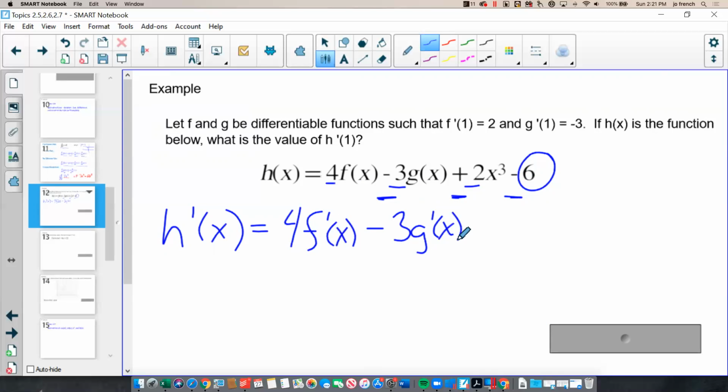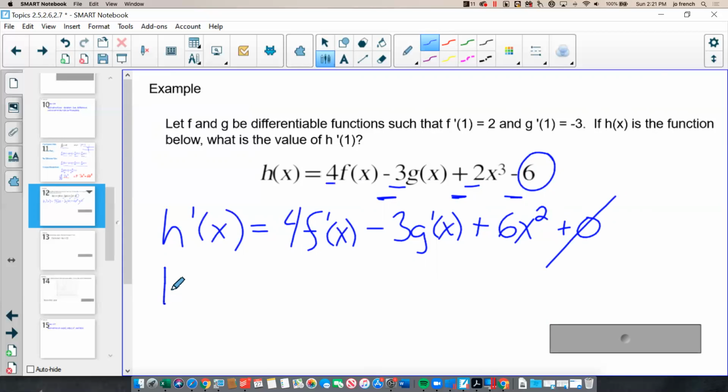Now the derivative of 2x cubed, we bring down the exponent and multiply it times the coefficient. So the 3 times the 2 gives me a 6x, and then subtract 1 from the original exponent, leaving me with x squared. Then the derivative of our constant, negative 6, is just 0, plus 0. But we don't usually just write that, so we'll leave it off.